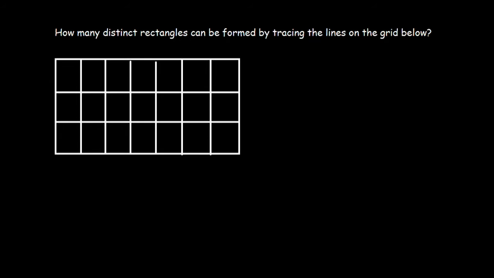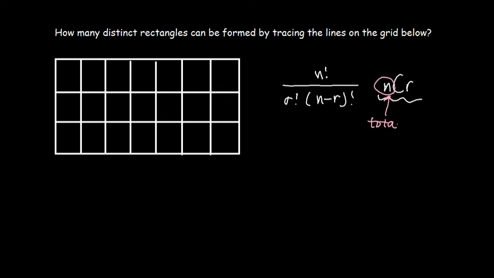So in my last video, I talked about basic combination problems, right? So we learned that there is a basic combination formula, and that is basically n factorial over r factorial times n minus r factorial, which is basically the same thing as n choose r, right? Here, n is the total number of items to choose from, and r is how many you're choosing.